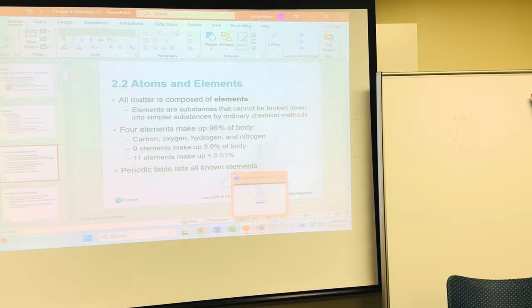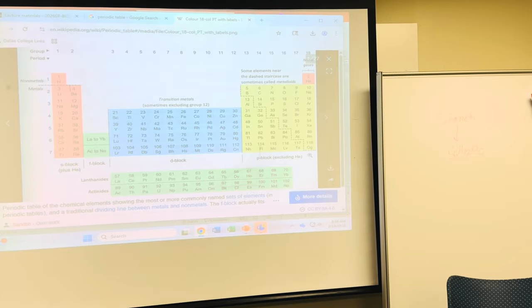How many? 118. So these 118 elements are getting combined with each other in different ways to make that unlimited number of matters, right?